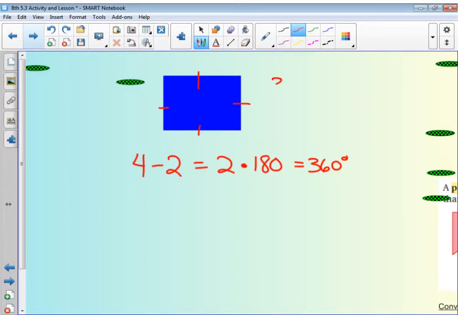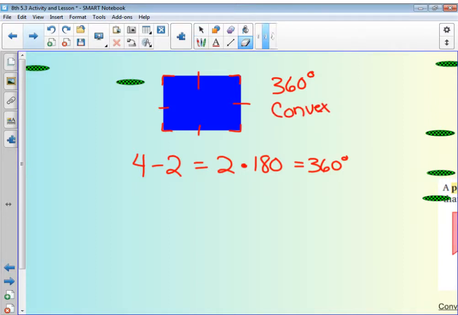So this is a 360 degree polygon. Now, to decide if it's concave or convex, looking at the vertices, all of them point out, so this would be convex. As soon as you have one that caves in, then it's considered concave.